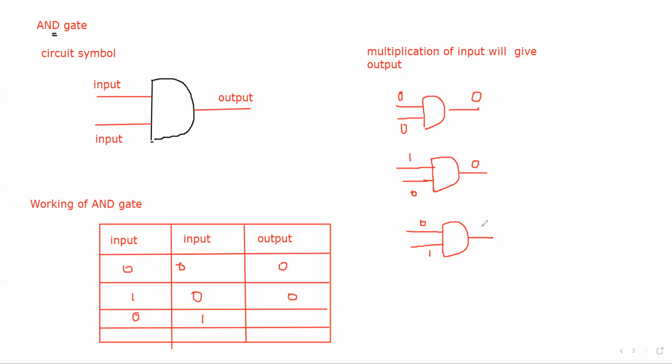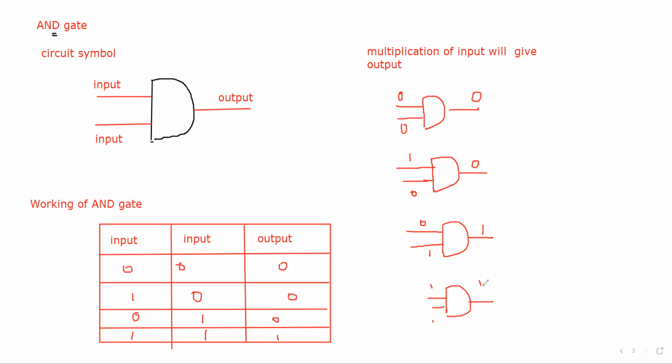It will be 0 again. And 1 multiplied by 1, what will be the output? That's equal to 1. So if both inputs are high, the output will be high.